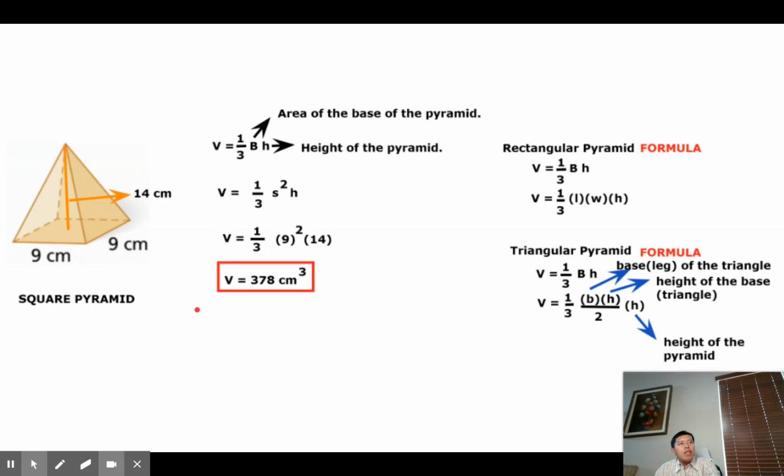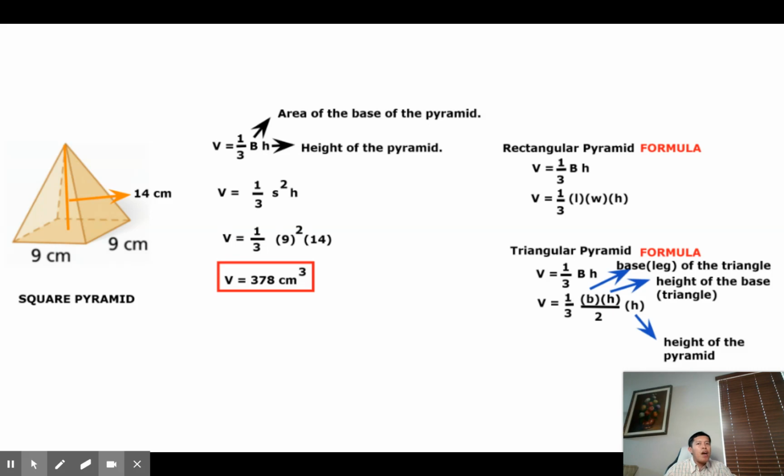All right. Now, what if we have a pyramid where the shape of the base is a rectangle? Then we call that a rectangular pyramid. So we will make a specific formula for that. The volume of a pyramid formula is 1/3 BH.